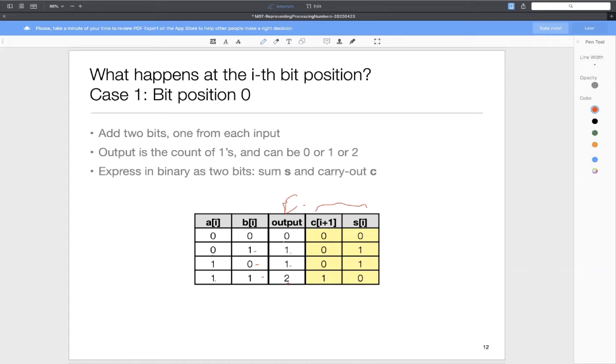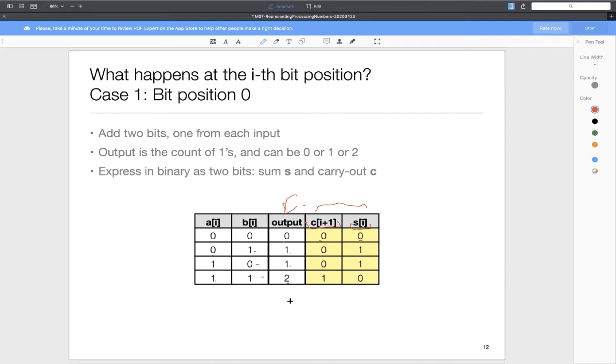So we are going to use a notation that SI means sum at bit position I, CI plus 1 means carry going into bit position I plus 1. As you can see, 0 plus 0 will have sum of 0, carry of 0. The other 2 will have sum of 1, carry of 0, and finally 1 plus 1 will result in carry of 1 and sum of 0.